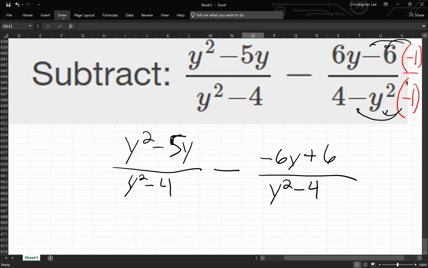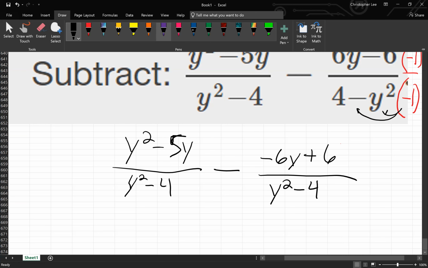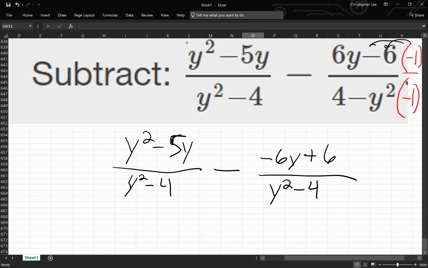Y'all know how I like to subtract, right? Why does it say... Why does what stay negative? Wait, say it again? Which part? Oh, you're talking about the denominator. All right, so I'm distributing the negative 1 here.